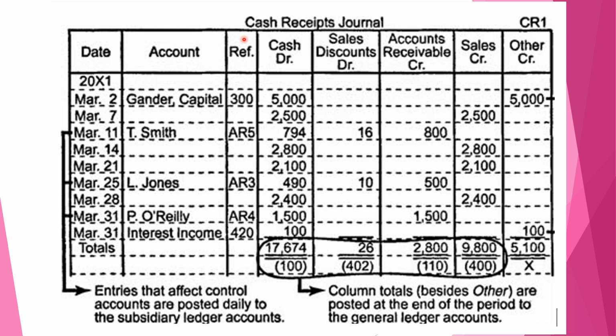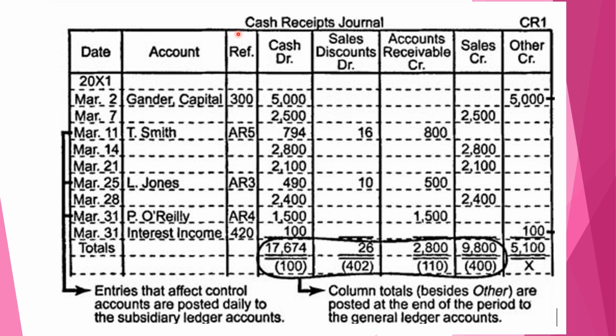Take the case, for example, of the previous slide: Mr. JPAX will record the sales per day using the OR, or official receipt, or cash sales invoice issued. So it would be unnecessary and impractical to credit the sales account repeatedly, right? So in order to facilitate efficient and practical recording of similar and recurring transactions, a special journal is used.